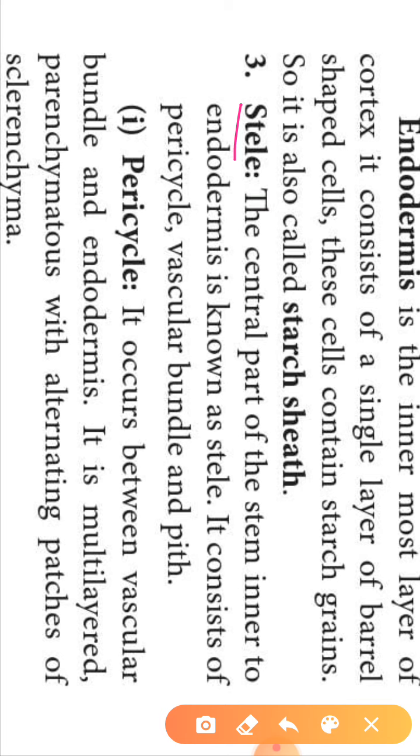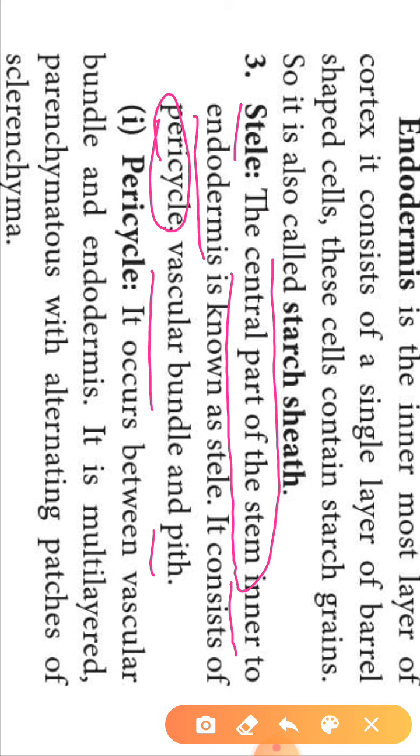Stele consists of pericycle, vascular bundle and pith. It is located inner to endodermis. Therefore, it is the central part of the stem.